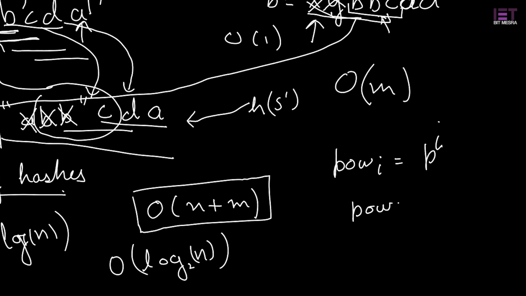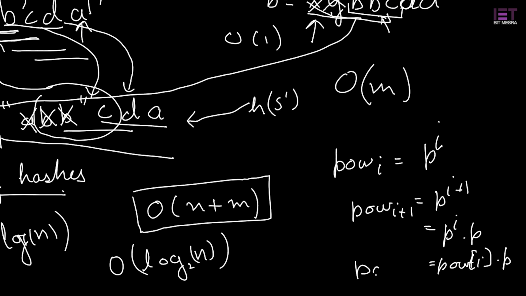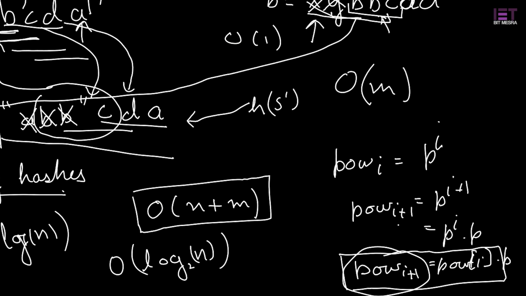So power of i plus 1 will be nothing but p raised to the power i plus 1, which is equal to p raised to the power i into p, which is power of i into p. So I'm using this to calculate power of i plus 1.